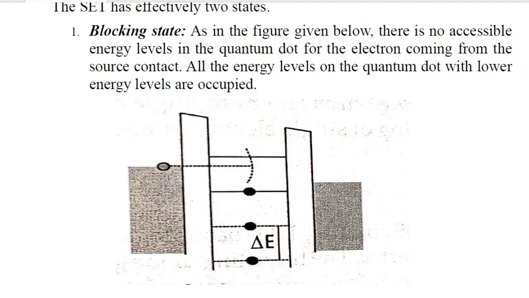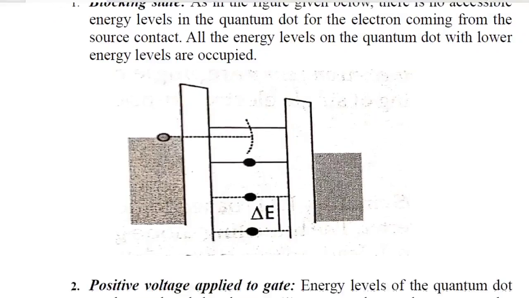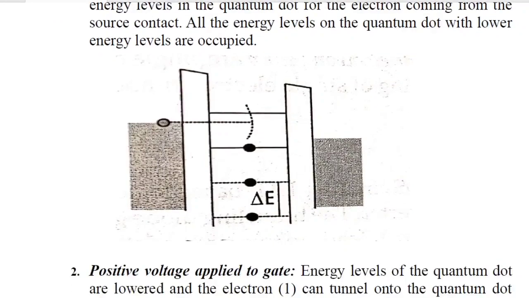All the energy levels on the quantum dot with lower energy are already occupied. The available energy is much higher than the expected energy levels. So there will not be any tunneling effect. This state is called the blocking state.